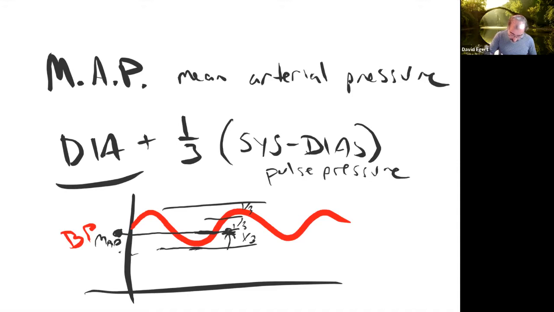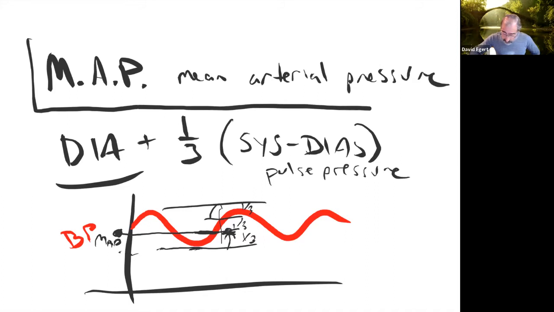Diastolic plus 1/3 of this distance up here. And again, the reason why it's not just the average of the two is because you actually spend more time on the lower, closer to the diastolic, because diastole lasts longer than systole.